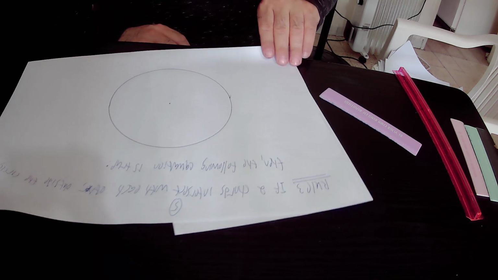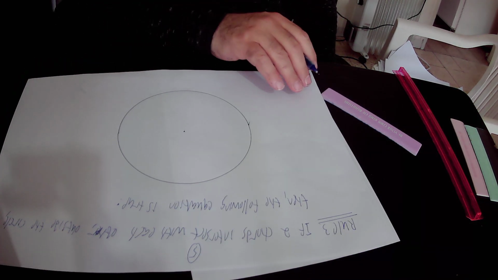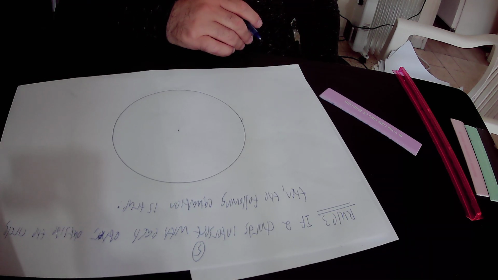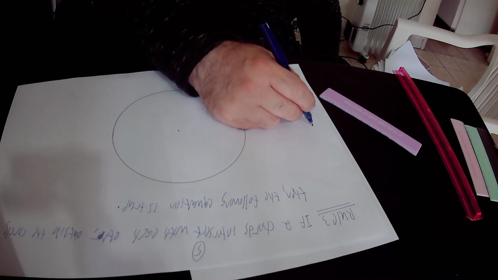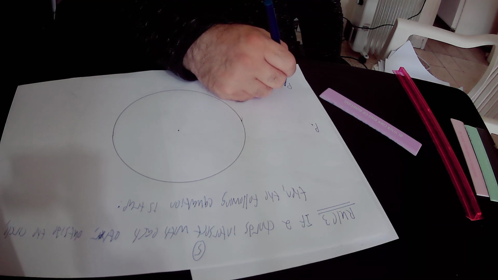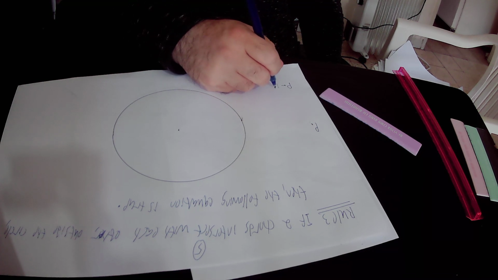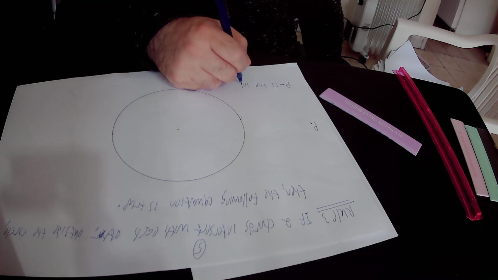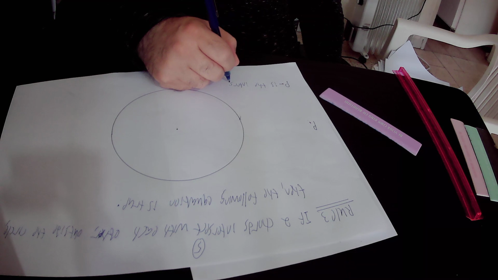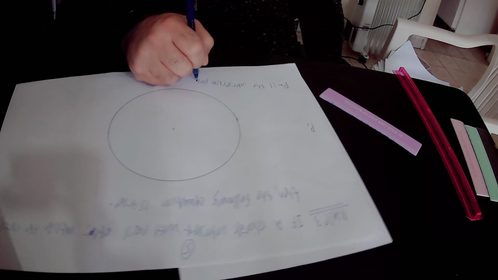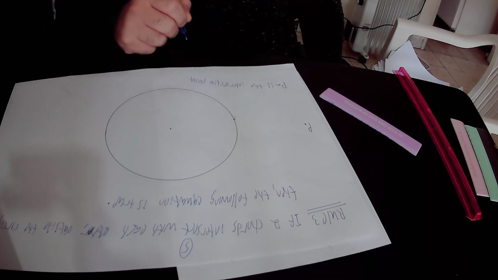So here we have the external point P. Point P is the intersection point between the two chords. So write it down. Point P is the intersection point between those two chords.